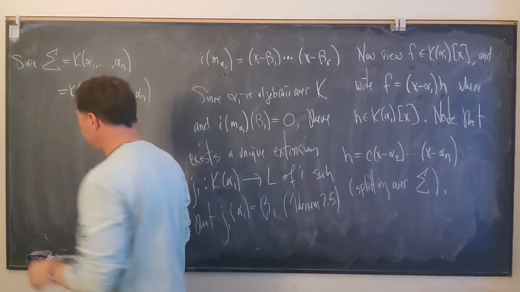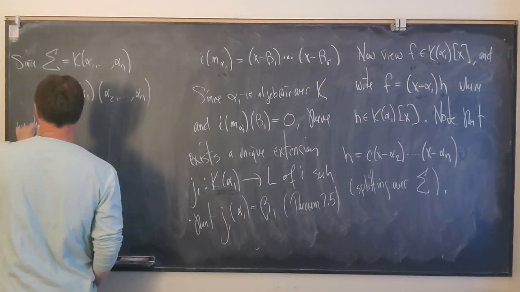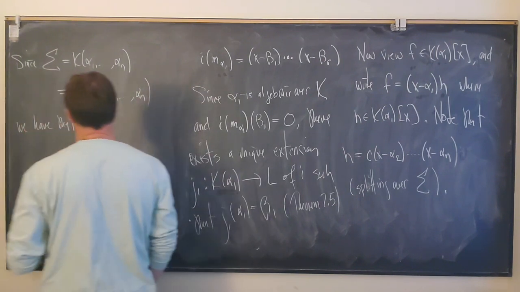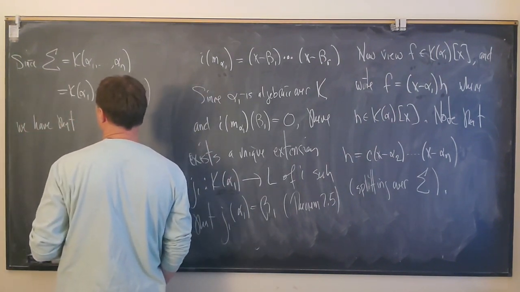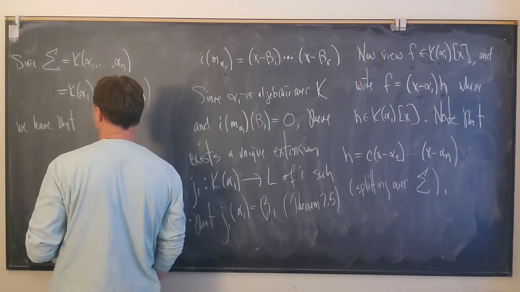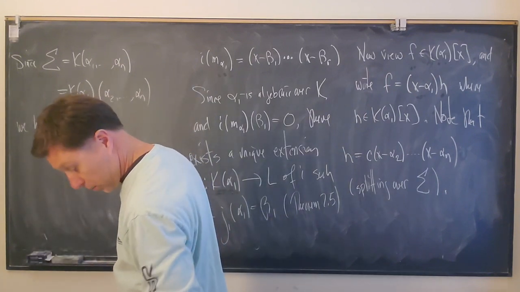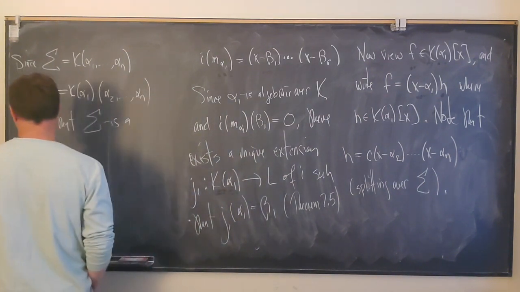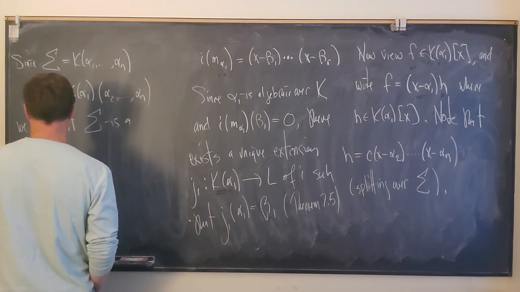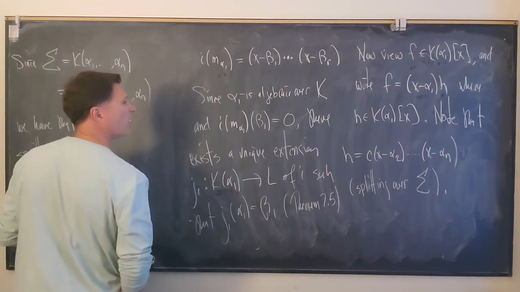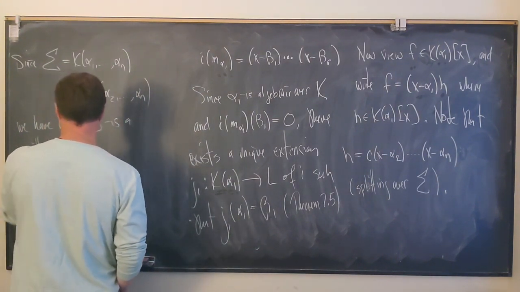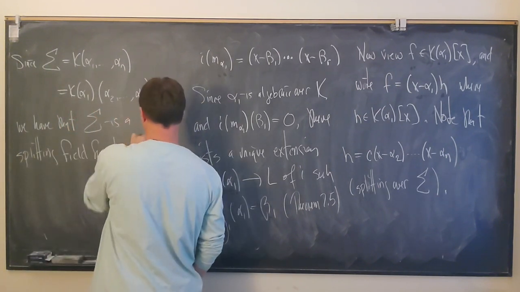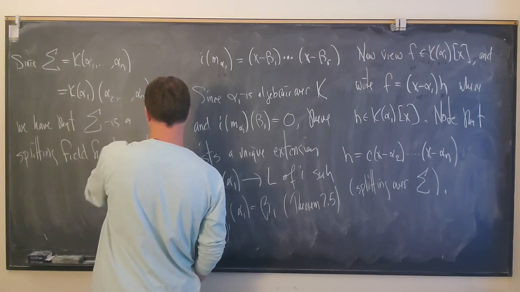So sigma is a splitting field for h over K adjoin alpha 1.